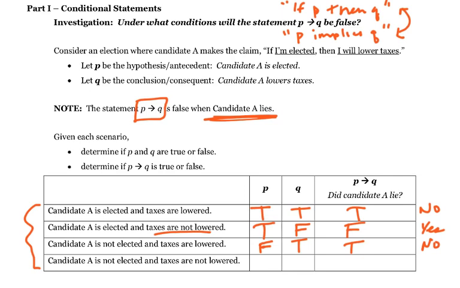And the same thing here: candidate A is not elected, so the antecedent is false, and taxes are not lowered, so the consequent is false. Did that candidate lie? No, because they had no control over what happened to the taxes, because they weren't even elected. So this is true.